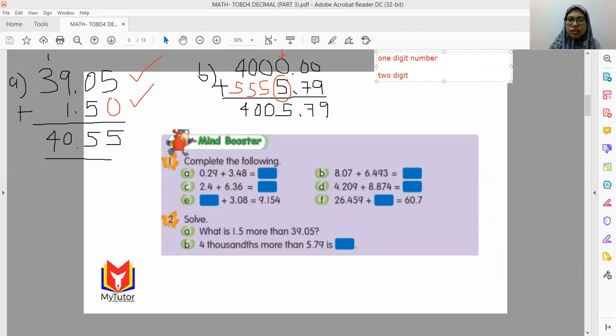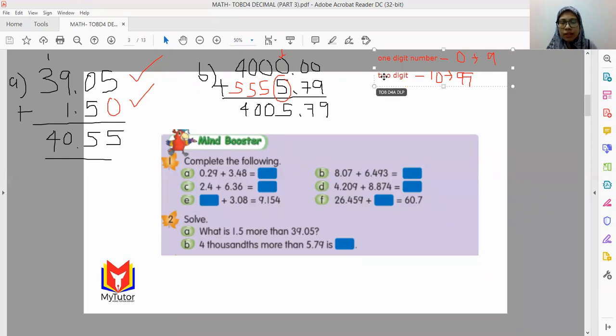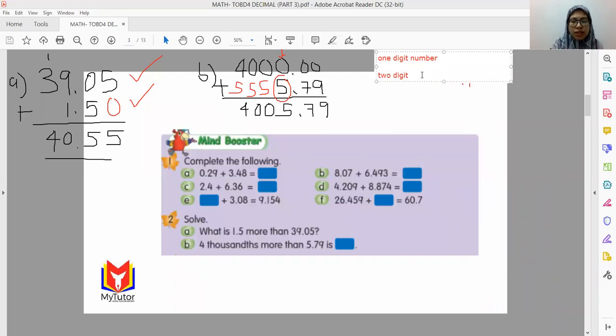Two digit numbers start from 10 until 99. Two digit number means that in the number I have two digits, like 1 and 0, up to 9 and 9. So between 10 and 99, those are two digit numbers. And then following is three digit.